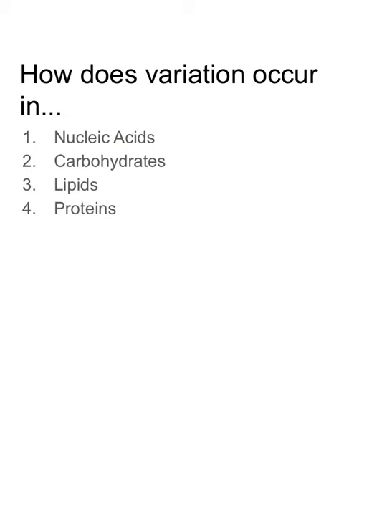And now getting into this last question, how does variation occur? Someone asked in these first three. I'm also going to talk about proteins for you guys just to make sure everyone is on the same page. Now I'm going to first show you the similarities between nucleic acids to first determine what our variation is.